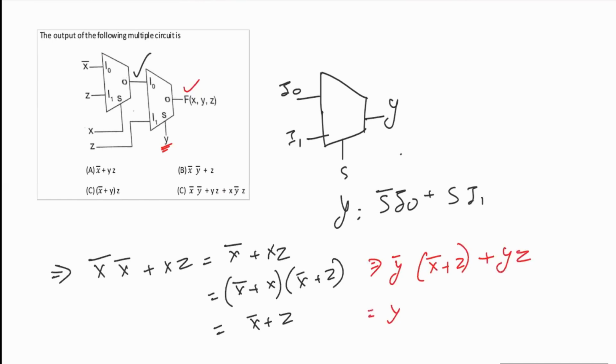If you solve it, you will get y bar x bar plus y bar z plus yz. If you solve it further, taking z common, you will get y plus y bar, and that will be 1, so that is z. This is x bar y bar. So this is my final simplified expression, and I can see that this option is available at option B. So B is my correct answer.